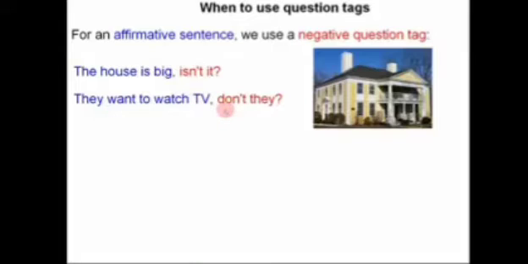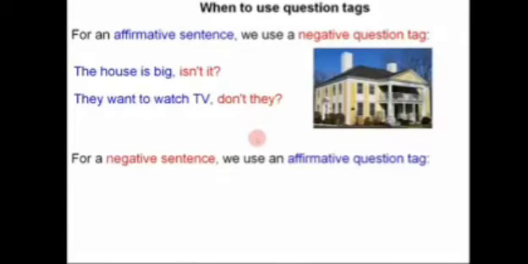They want to watch TV, don't they? They want to watch TV is the affirmative sentence. It is positive. Don't they is the negative question tag. As I said, this is the basic rule of question tags.